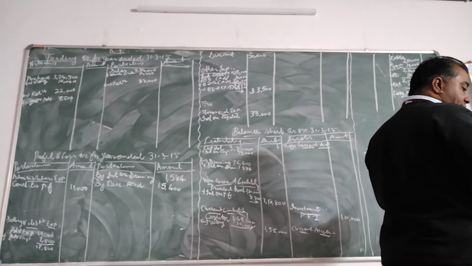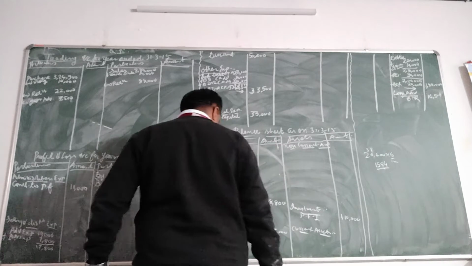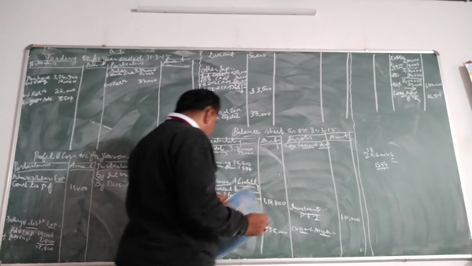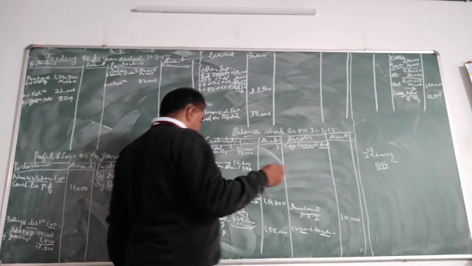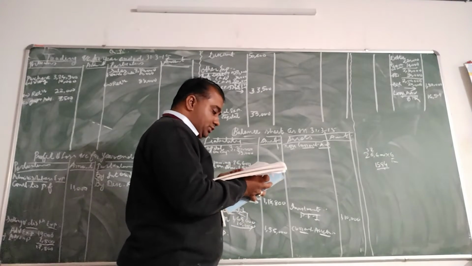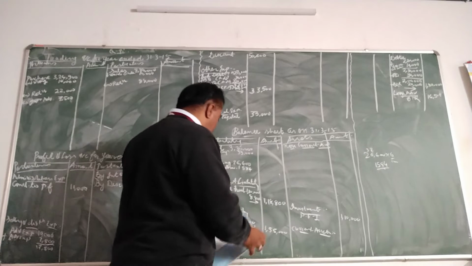Then we say 27,500 bills payable. So it is written in the balance sheet under current liability. Okay, bills payable is 27,500.